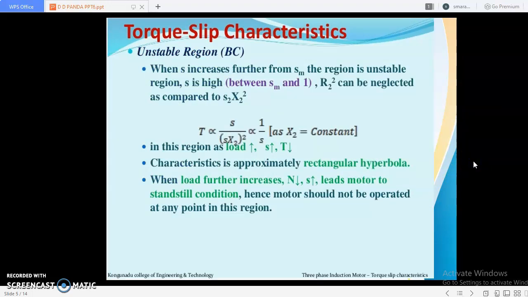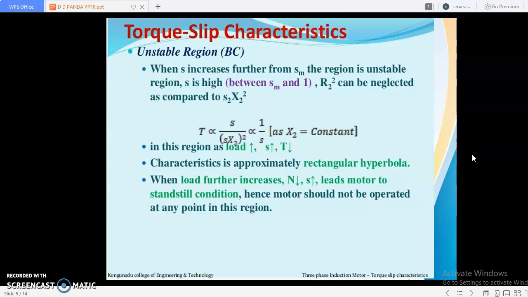Now we will see what happens in the unstable region when slip increases further from Sm, the maximum slip. The region is unstable, as slip is high between Sm and 1, so r2 squared can be neglected as compared to s squared x2 squared. We get torque proportional to s divided by s squared x2 squared, or simply, taking x2 as a constant, torque is proportional to 1 by s.